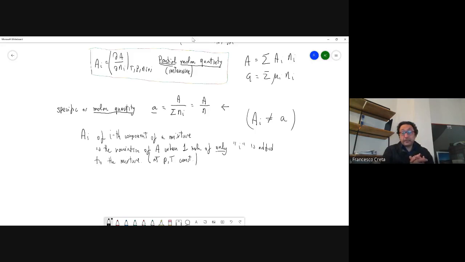And this is something that happens in real fluids or in liquids, for example, when you put 2 liquids together. The total volume may not coincide exactly with the sum of the 2 volumes. There is some mixing volume involved, some difference between the volumes in their pure form and the mixture.